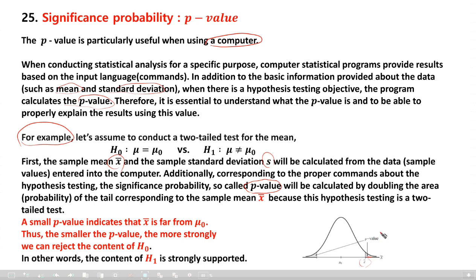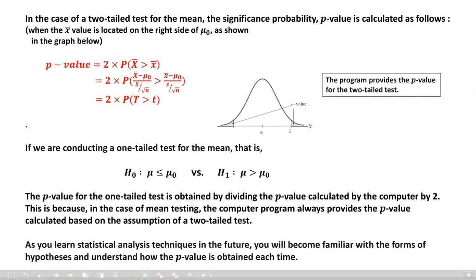Okay, see later. In the case of a two-tailed test for the mean, significance probability, p-value, is calculated as follows. Let's say small x bar, real x bar, the calculated sample mean, is located on the right side of mu 0. Mu 0 here, and your calculated sample mean is here. Then p-value is 2 times, because it is a two-tailed test, the probability that X bar is greater than small x bar, times 2.